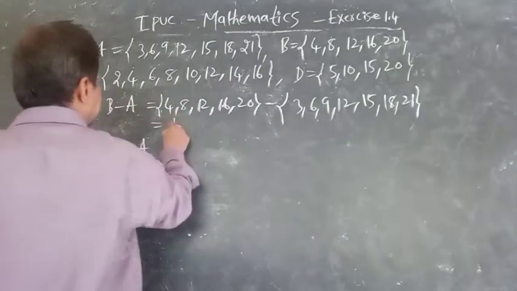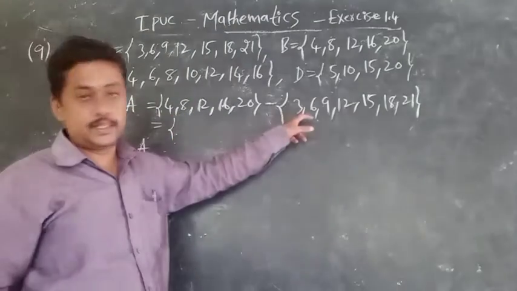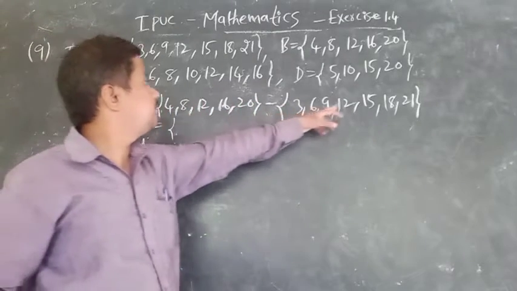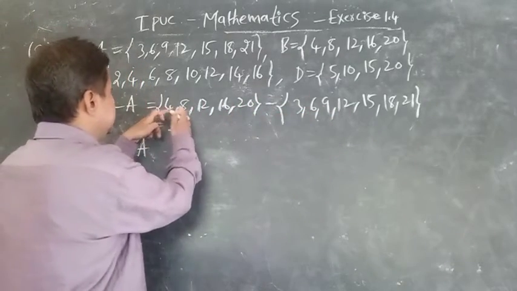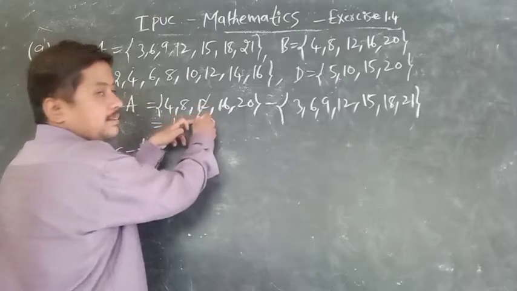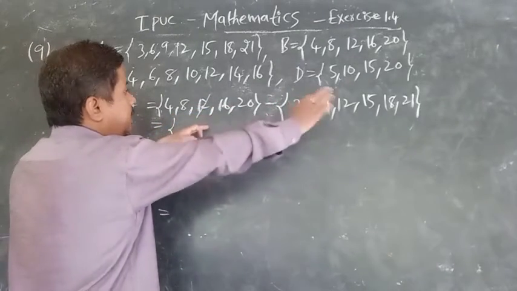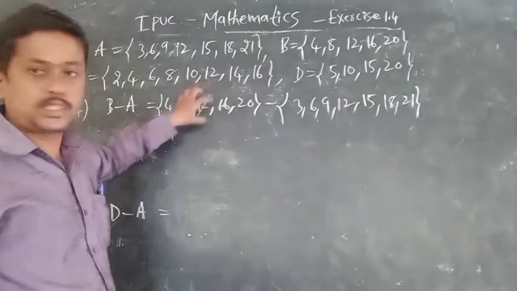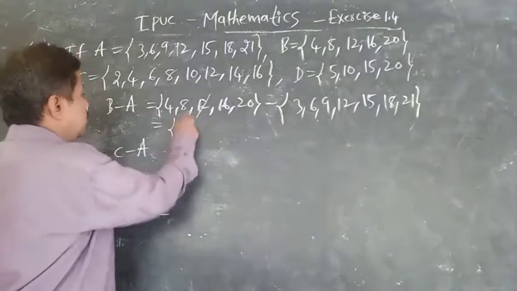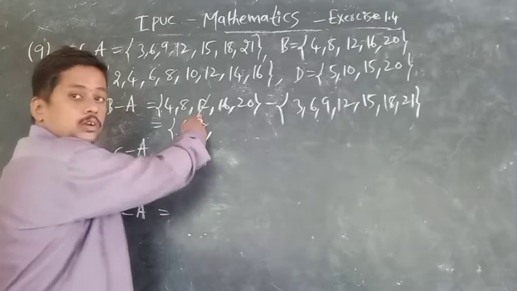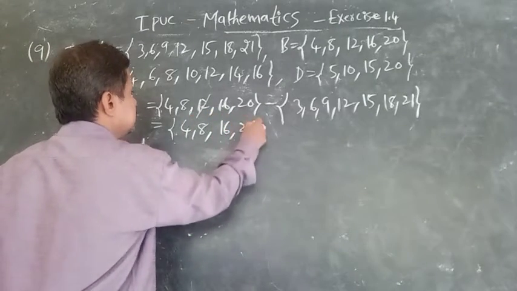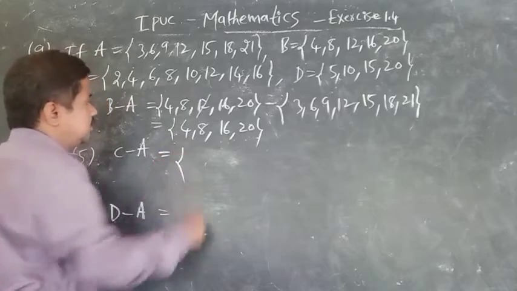What are the cancellation elements? 3 not there. 6 not there. 9 not there. 12 is there. Cancel. 15 not there. 18, 21 not there. So I have to write the first set. Yeah. So 4, 8, 12. Don't write 12. Why? Because cancel. Okay. 16, 20. So like that you have to calculate.